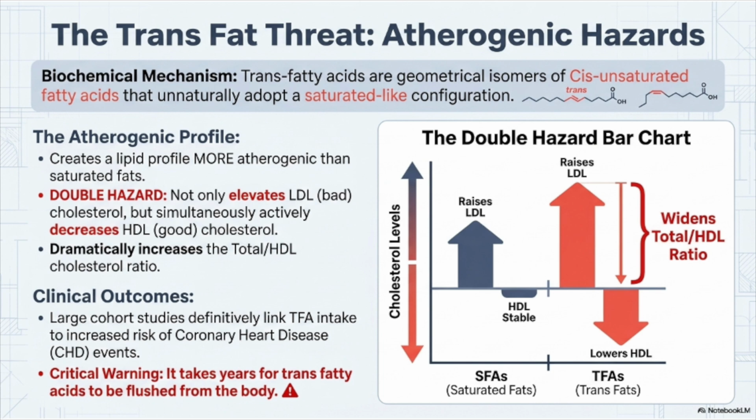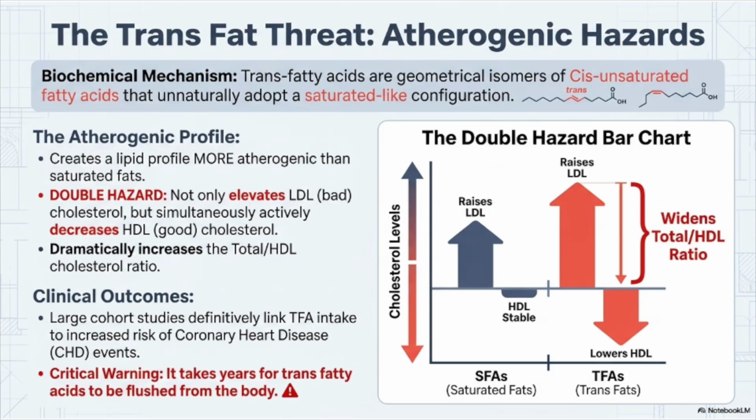The biochemical mechanism is that trans fatty acids are geometrical isomers of cis unsaturated fatty acids that unnaturally adopt a saturated like configuration. This creates a lipid profile that is more atherogenic than saturated fats, representing a double hazard.